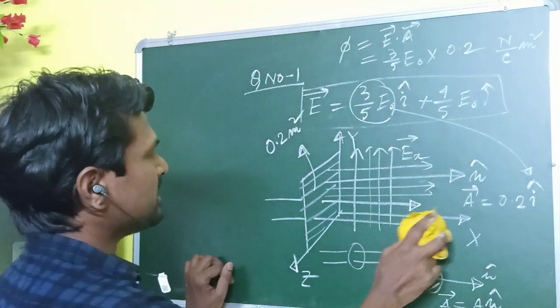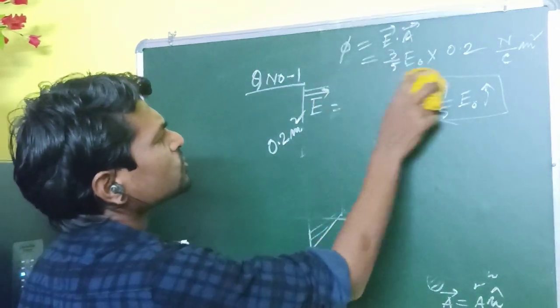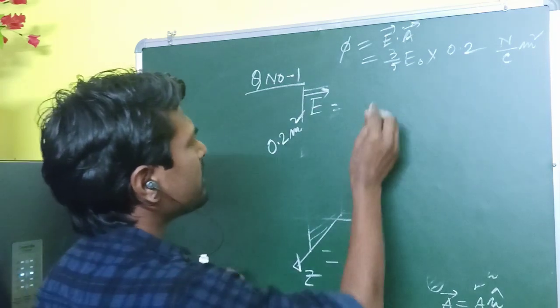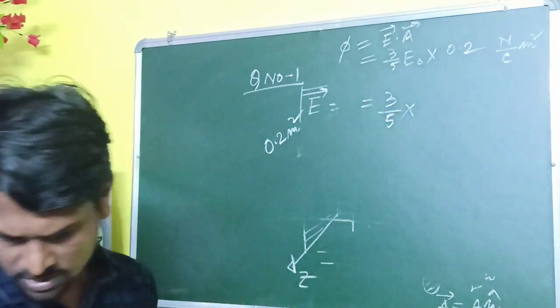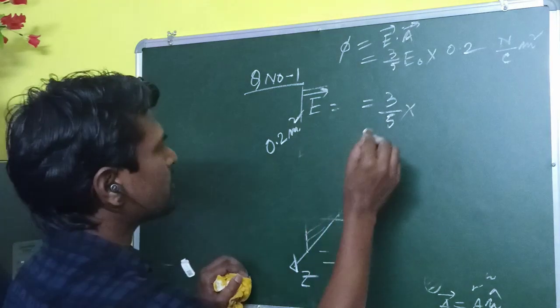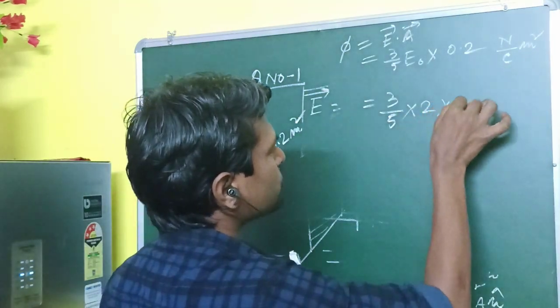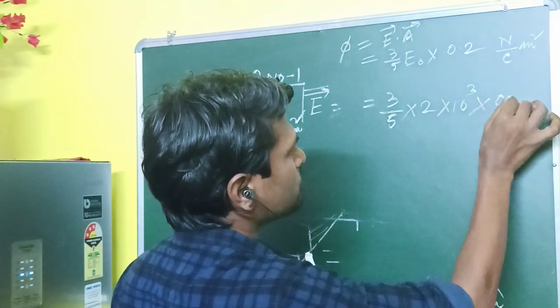So the answer is 3 by 5 into E naught. E naught is given, E naught is 2 into 10 to the power of 3. So it is 2 into 10 to the power of 3 into 0.2.